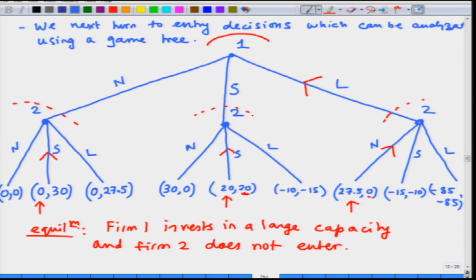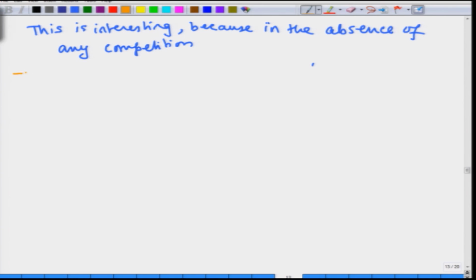If firm 2 was not there, then what would firm 1 have done? Well, firm 1, if it decided not to do anything, would have gotten 0. If it had invested in a smaller capacity, it would have gotten 30, whereas if it had invested in a larger capacity, it would have gotten 27.5. So, clearly 30 would have been the highest profit for firm 1 and it would have preferred to invest in a smaller capacity.